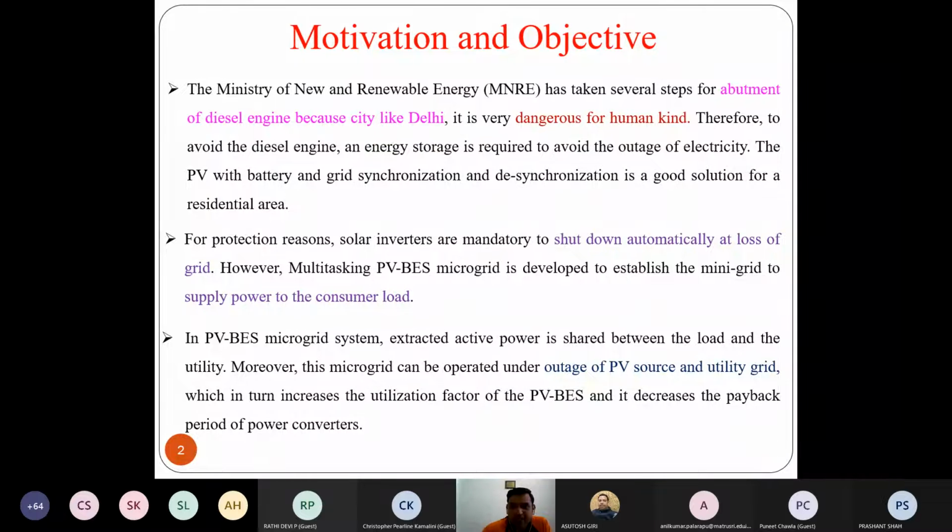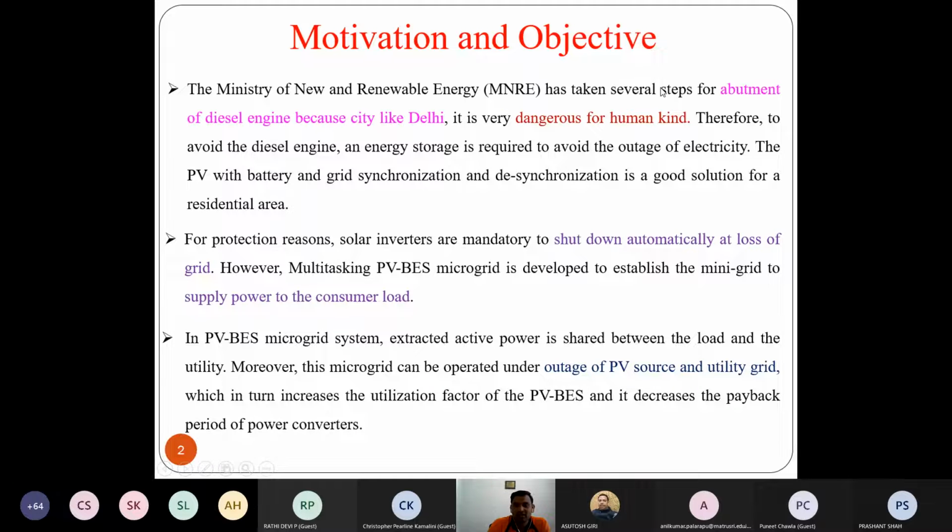Now the motivation and objective for this system. Recently, the MNRE has taken several steps. Why have they taken several steps? Because you know the pollution level in India. People are always worried about the AQI, the air quality index.